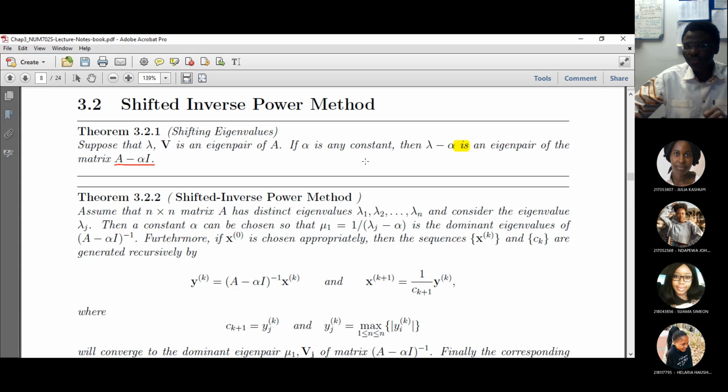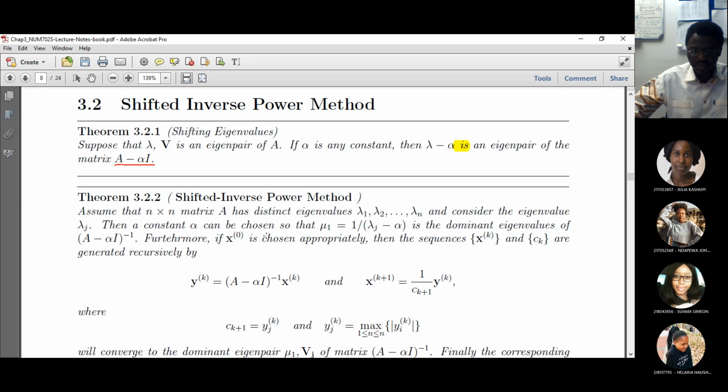So that is what we will use to derive the shifted inverse power method. But in terms of which eigenvalue it will approximate, that is subject to the following theorem.